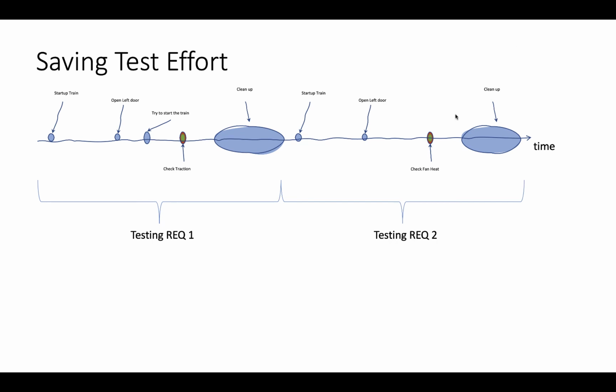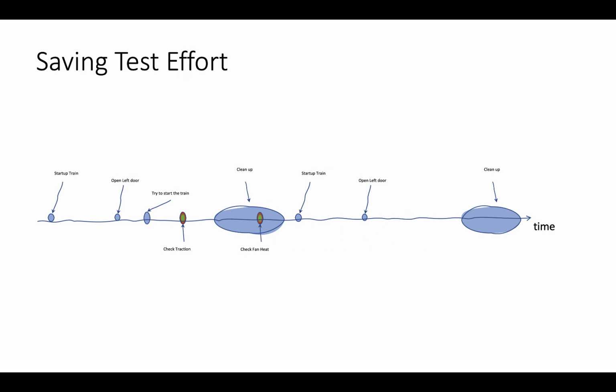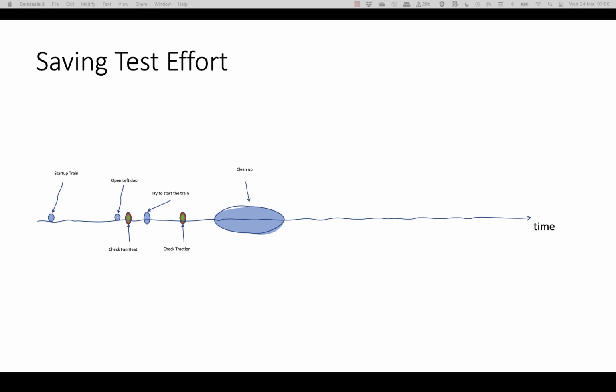If we look a bit closer, we see that the first two actions are the same. So we can actually move the reaction test from the second test like this. Now the entire test case number 2 can actually be removed, and we have saved a lot of effort. So will this always work?